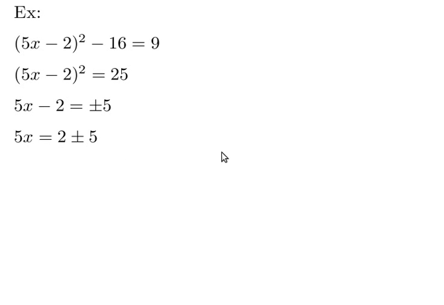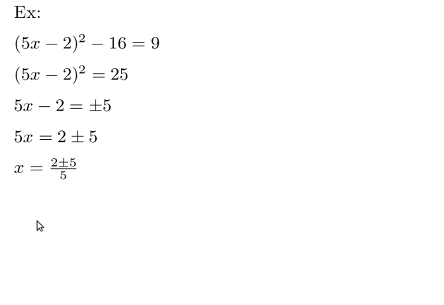So we'll have x equals, I'm going to go ahead and write it as a fraction, 2 plus or minus 5 over 5. So x equals 2 plus or minus 5 all over 5.